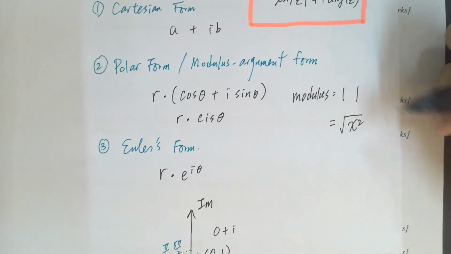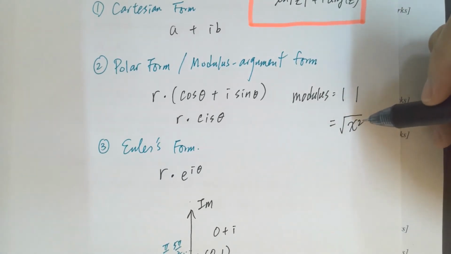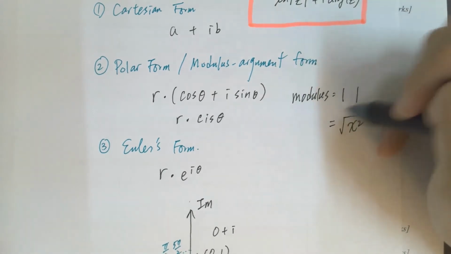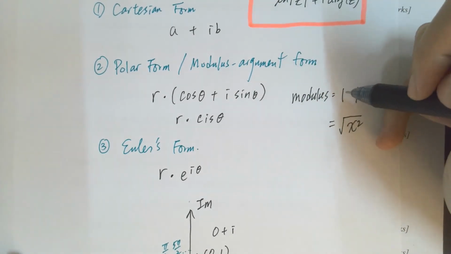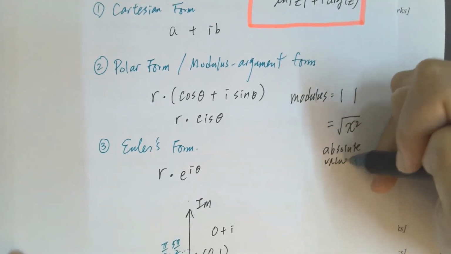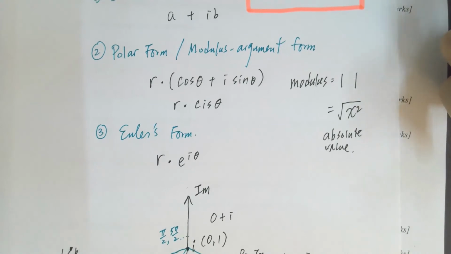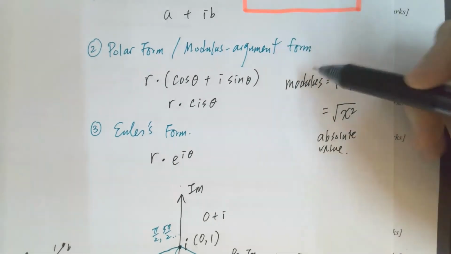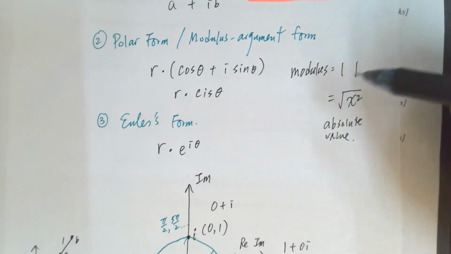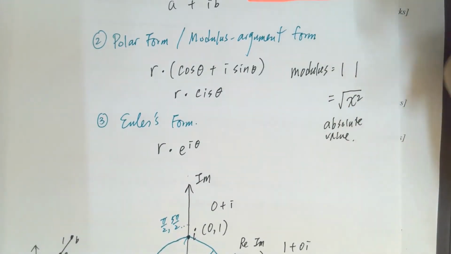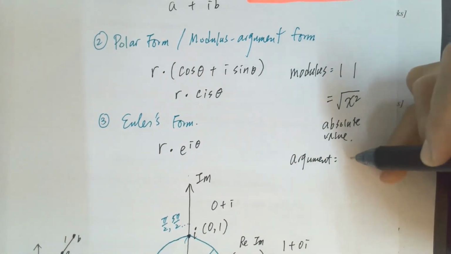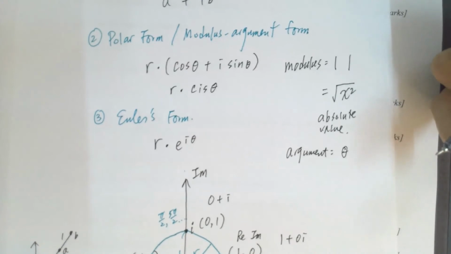This will guarantee that you get a positive number out of this operation. So in terms of complex numbers, we can think of the modulus as the distance or the radius of that complex number from the origin. And then the argument is the angle, angle theta.